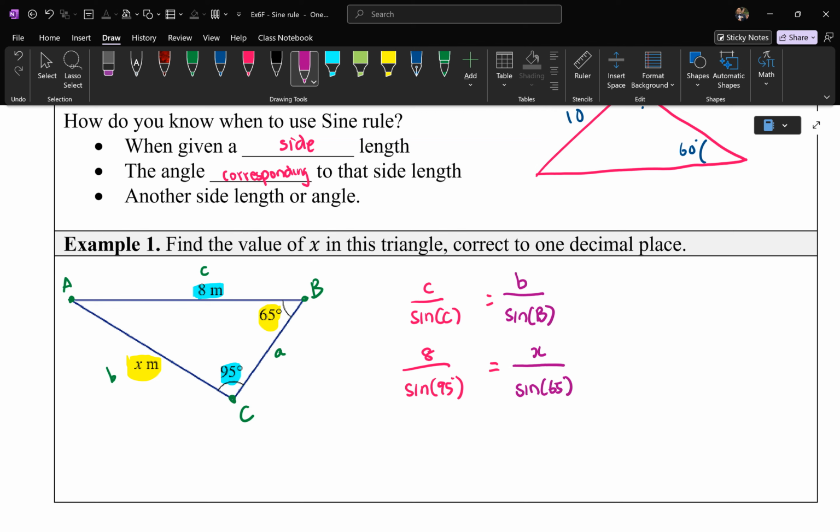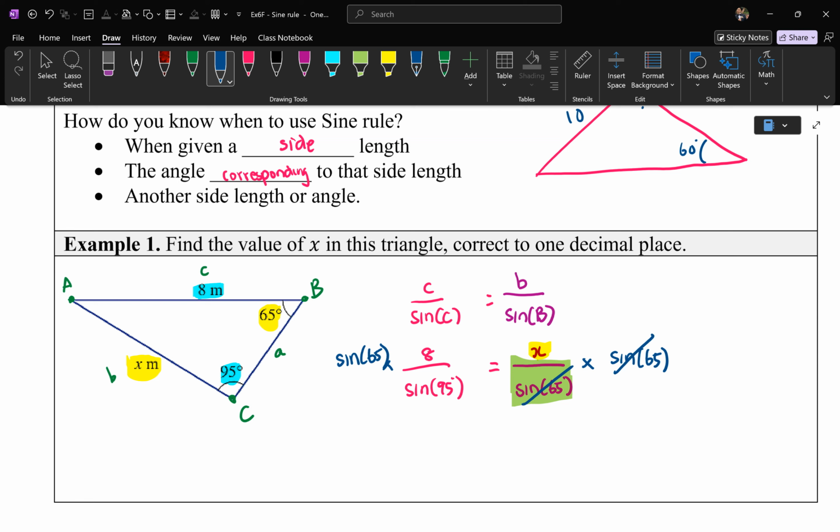All right, using algebra, we're trying to solve for x. What I don't need is the divided by sine of 65. So how do I get rid of that fraction there? What do I do, Raha? Beautiful. The opposite of divide is times. Times both sides by sine 65. Whatever you do to the right, you do to the left.